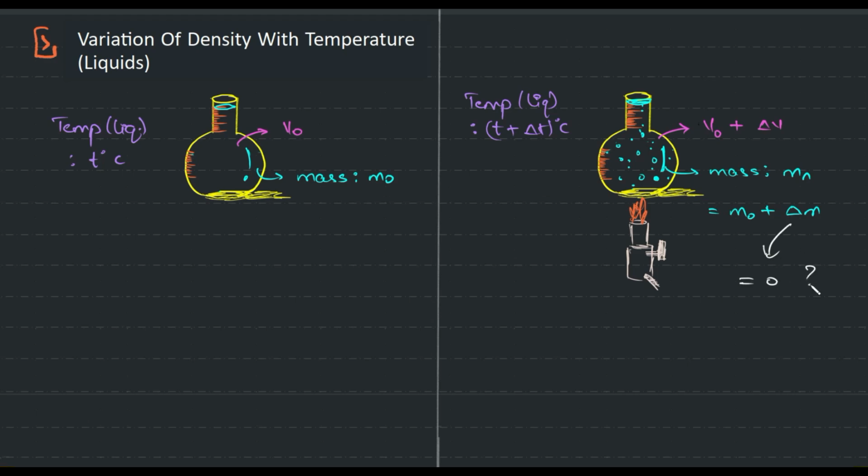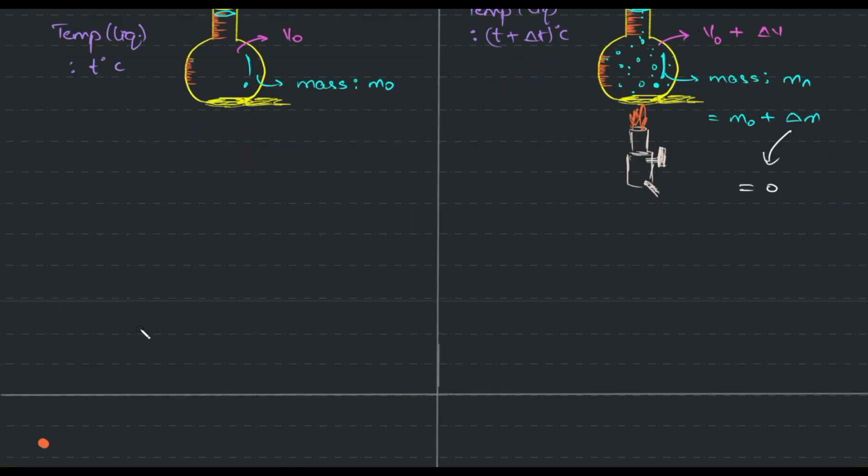But why? Why is it 0? Think about it. I'm telling the mass of the liquid. Actually, I should not be telling that. If I tell that, that's the answer. So I'm going to start with the math.